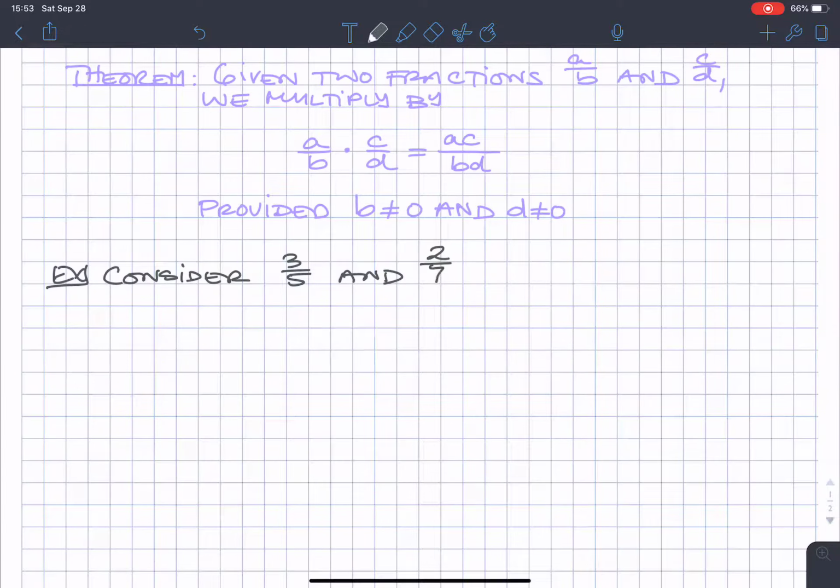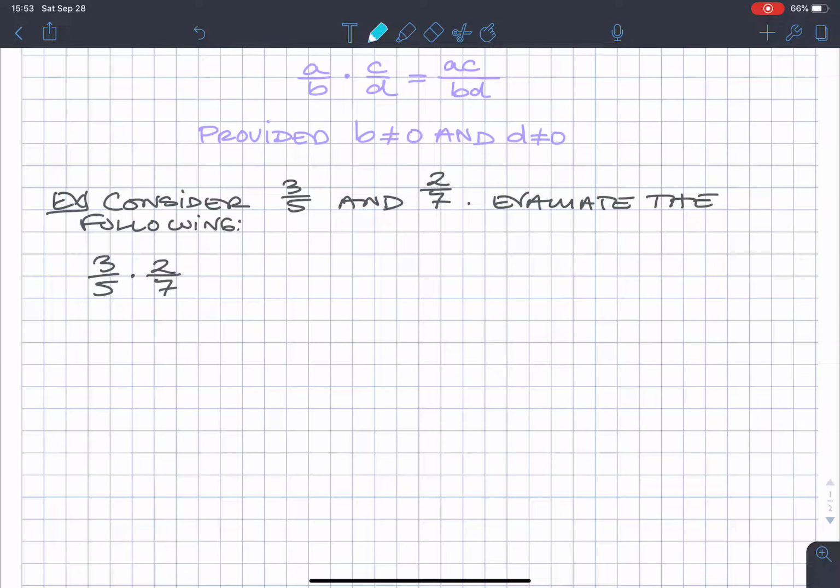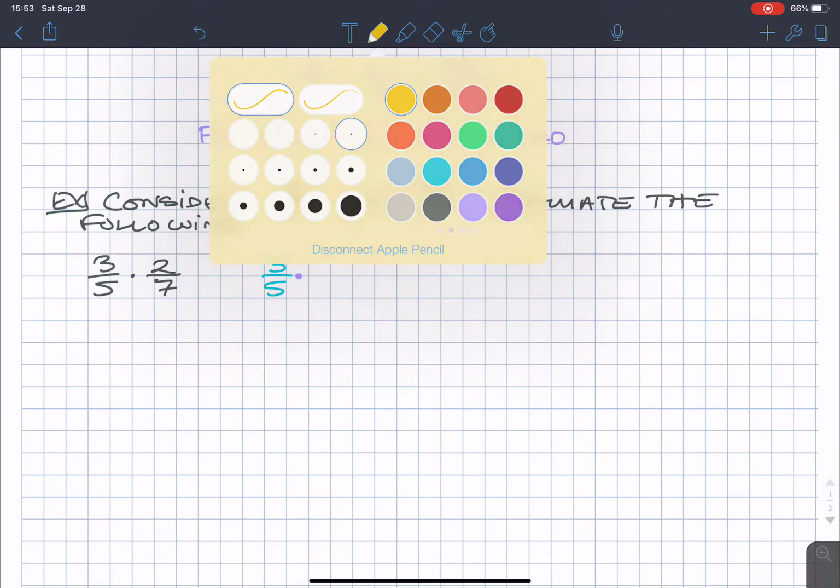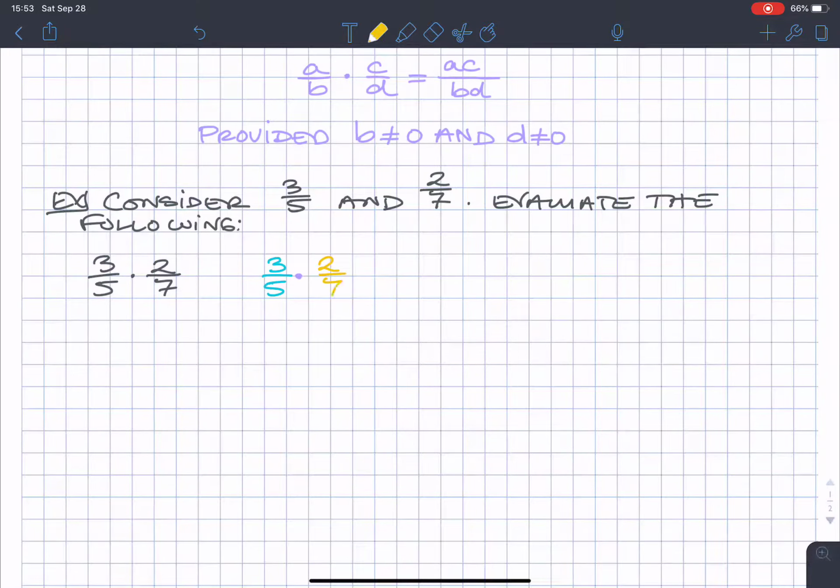So evaluate the following: 3 over 5 times 2 over 7. So I'm going to color code. This is 3 over 5, and I'm going to multiply this by 2 over 7.